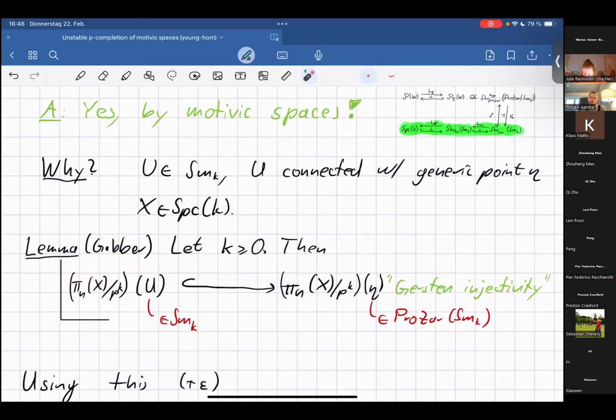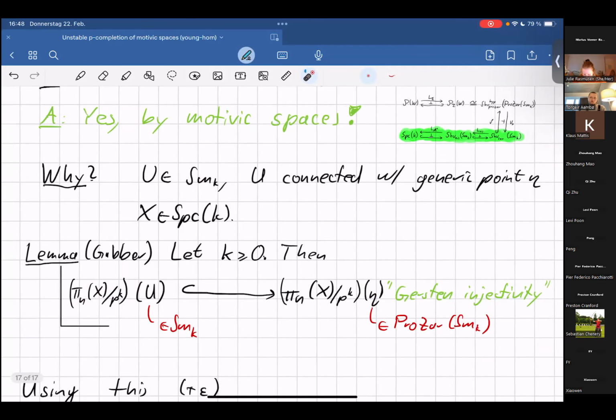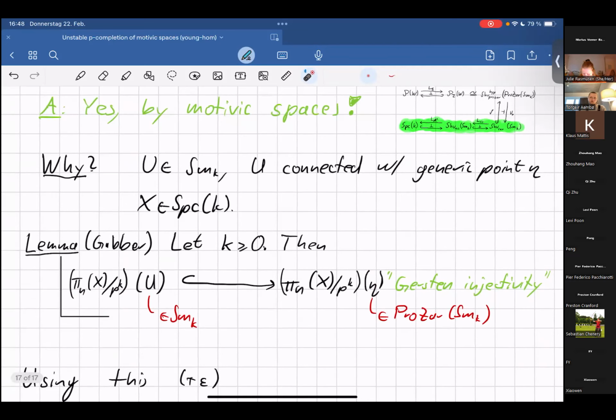This is called Gersten injectivity or exactness of the Gersten complex, and this was more or less proven by Gabber with other words, but more or less this is his result.